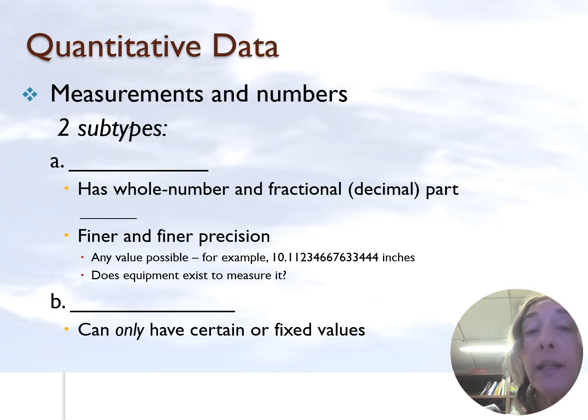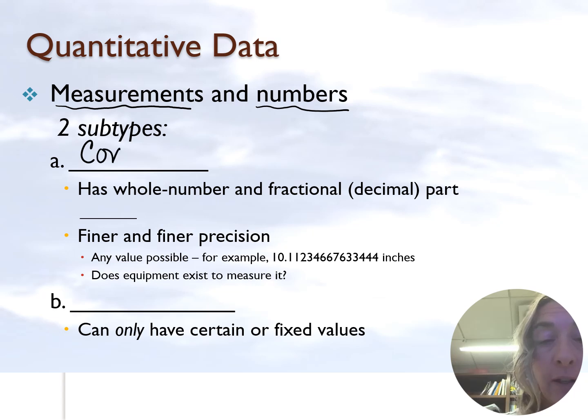Okay. Quantitative data, which is the first main type, consists of measurements and numbers. There are two subtypes of quantitative data. The first is continuous data, and you've heard this term before.